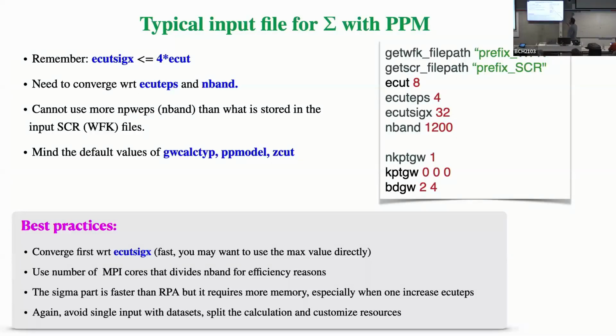This is the number of bands that we are going to include in the computation of the correlated part of the self-energy. And this section here specifies the k-points and the bands for the quasiparticle correction, or for the matrix elements of the self-energy. So in this case, we are just computing the correction for one k-point, gamma, for bands 2, 3, and 4.